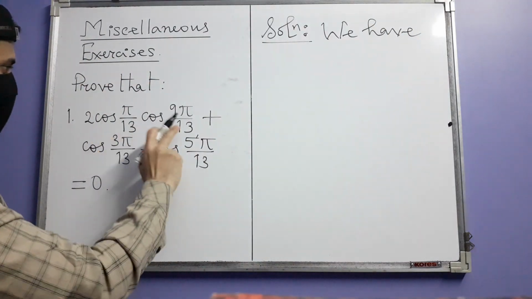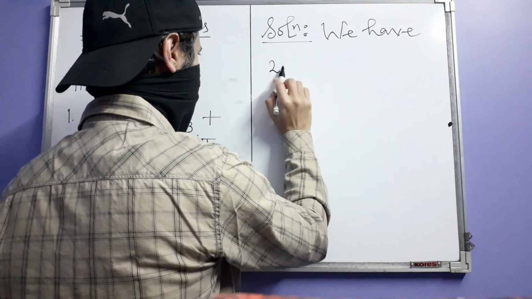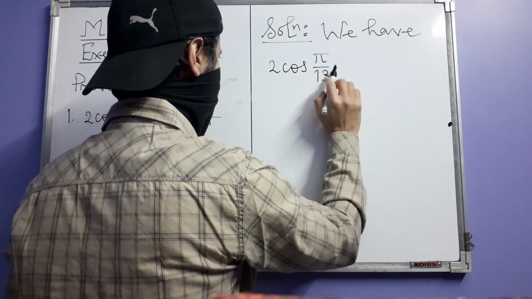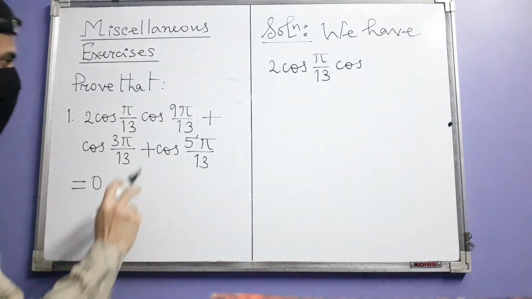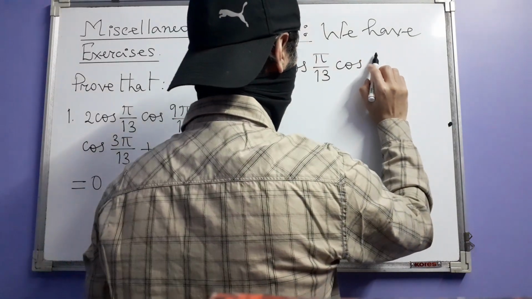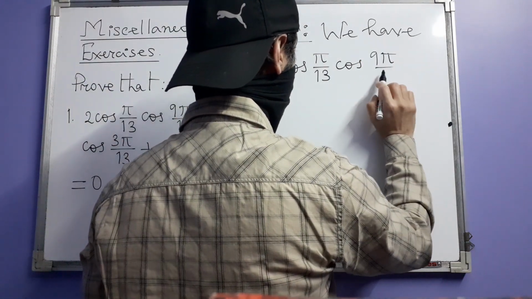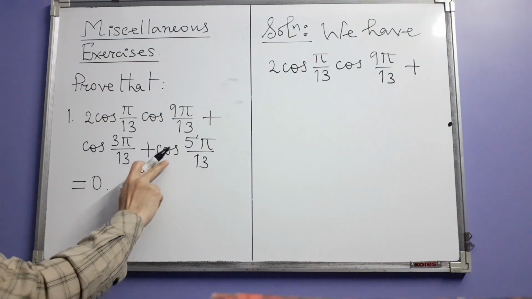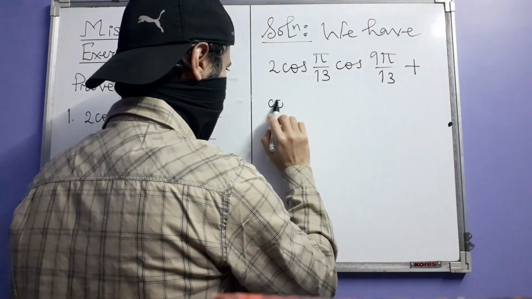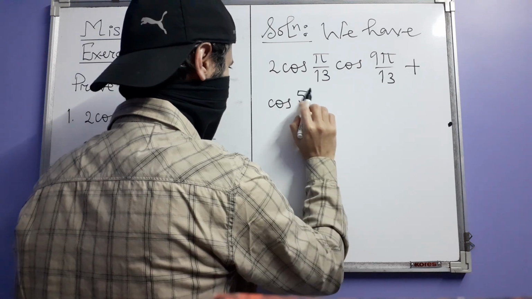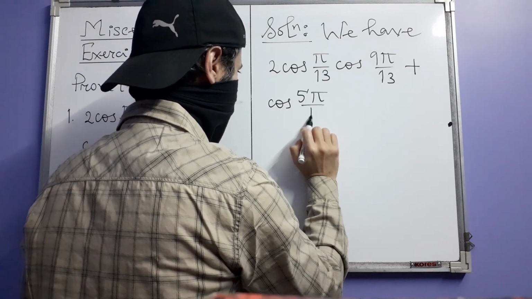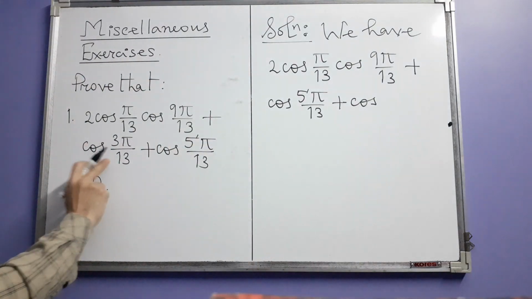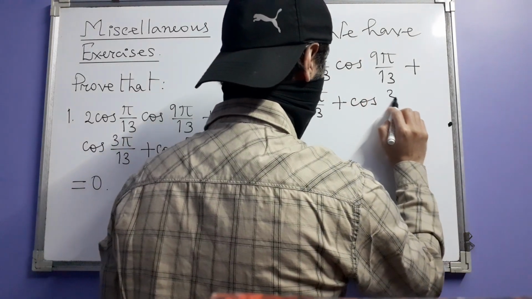So we first of all have 2 cos pi over 13 times cos 9 pi over 13 plus cos 5 pi over 13 plus cos 3 pi over 13.